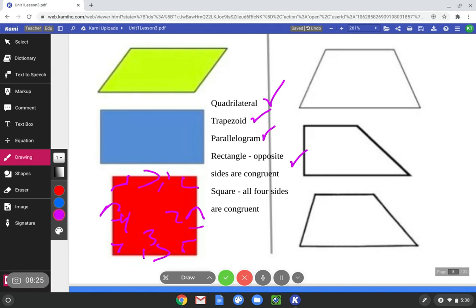All 4 sides are equal. So we know it's a square. Square is the most specific name that we can come up with for the shape. So remember, we start vague with the quadrilateral and we get as specific as possible, and we get there through using and recognizing the attributes.